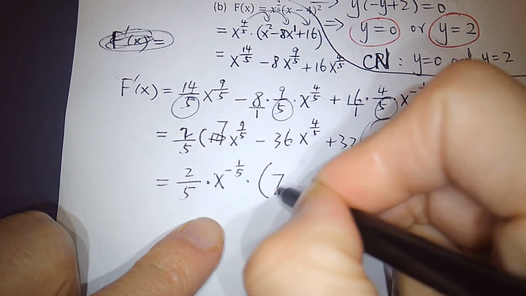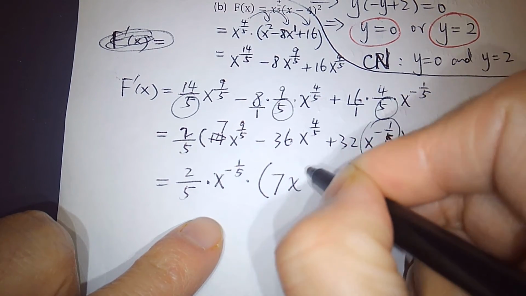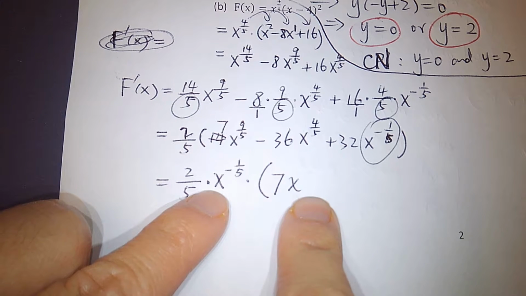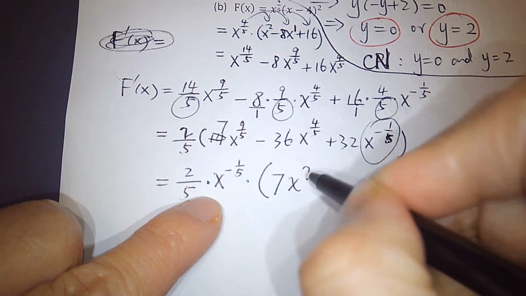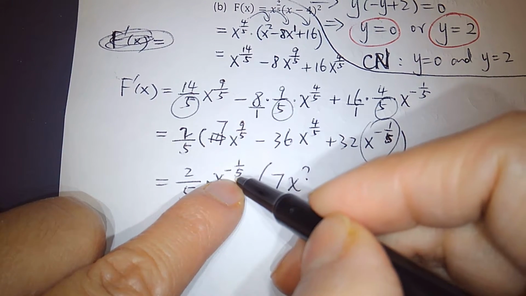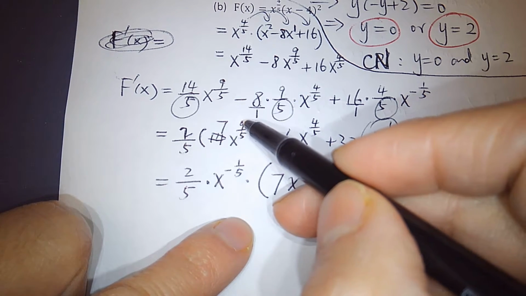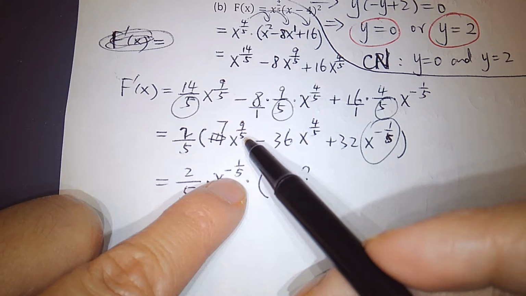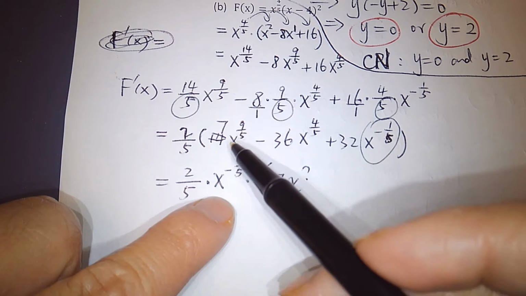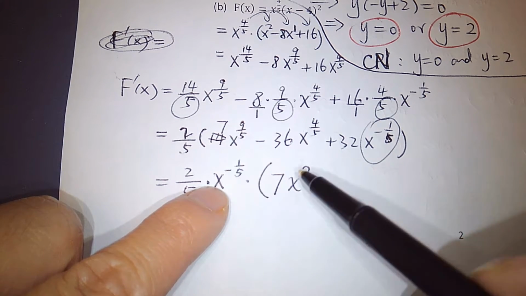So 7 times x to the what, such that this exponent plus negative 1 over 5 equals positive 9 over 5? We pull a negative 1 over 5 out.